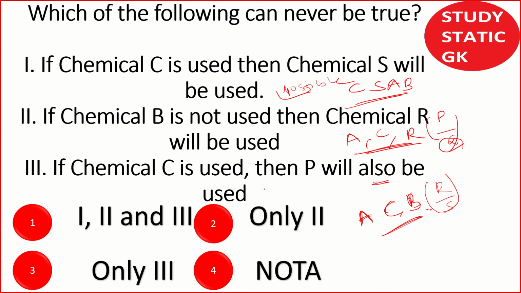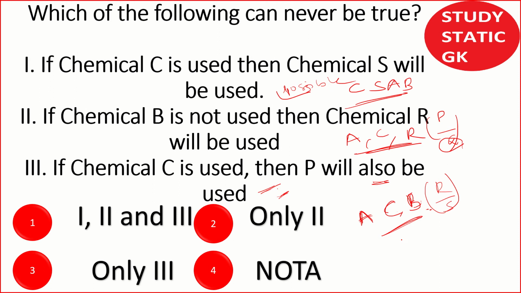So P will always be used, P will also be used, is can never be true. Can never be true. And also without P we are writing this, right? So this also, P will also be used, can never be true.